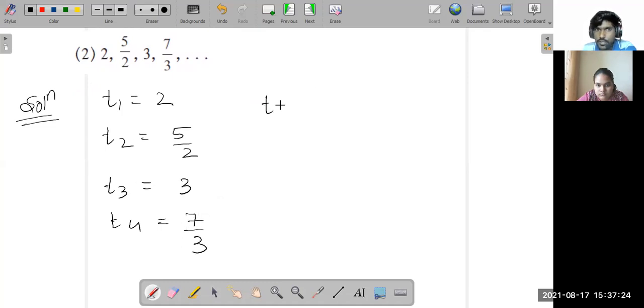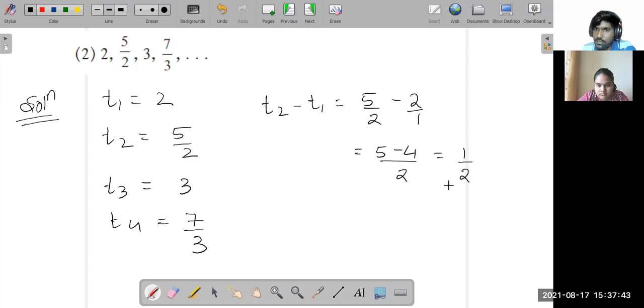First do T2 minus T1, that is 5 upon 2 minus 2. Here you do cross multiplication, so this becomes 5 minus 4 upon 2, which is 1 upon 2.